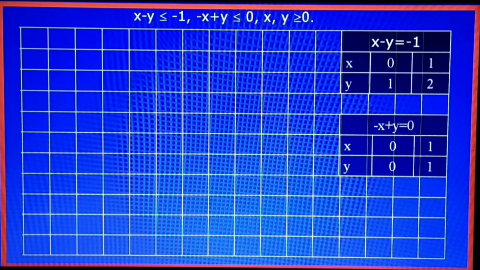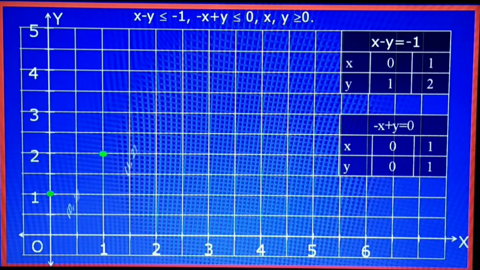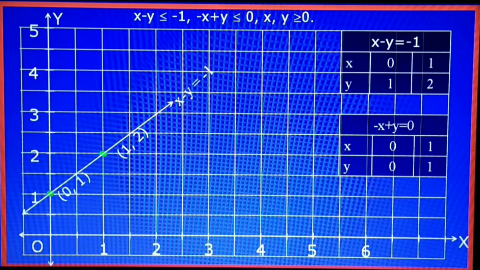When x is equal to 1, y is equal to 1. Mark these points on the graph paper. Through these 2 points, draw a line. Through another 2 set of points, draw another line. Since the equation is in the form of y is equal to mx, it will pass through the origin.